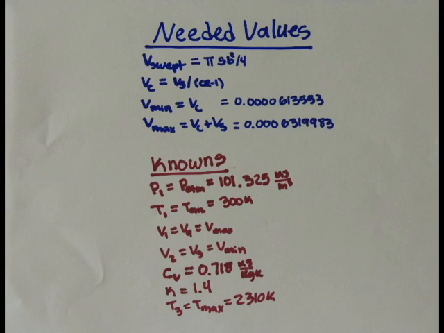The max temperature that an engine can withstand, or specifically this engine can withstand, is 2,310 Kelvin, which will be used for our T3, temperature at stage 3. Cv and k, the specific heat at constant volume and the ratio of specific heats, can be found on tables of properties of air.